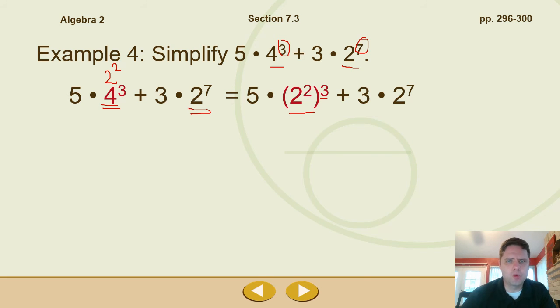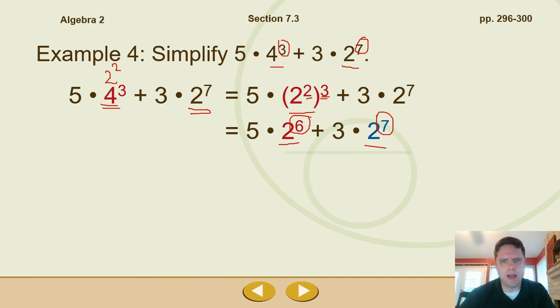Now, you have to remember the rule. Whenever we have an exponent raised to another exponent, we multiply them together. So we could rewrite this as 5 times 2 to the 6th power plus 3 times 2 to the 7th power. Now, at this point, do we have the same bases? Yes. But do we have the same power? No, we do not. Notice it says 6 and this says 7.